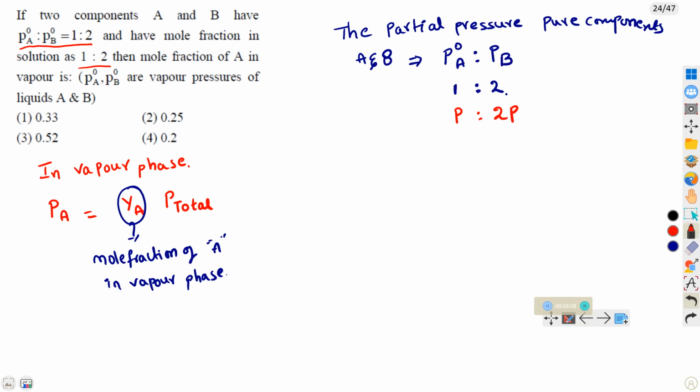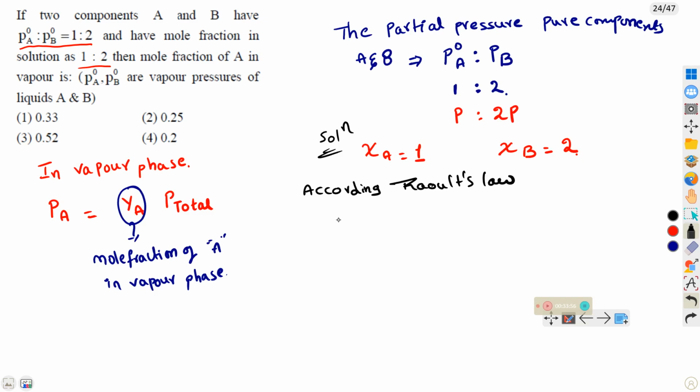And mole fraction values are given. Mole fraction of A is equal to 1 and mole fraction of B is equal to 2 is given. Now these are in solution state. According to Raoult's law, PA is equal to P naught A XA.